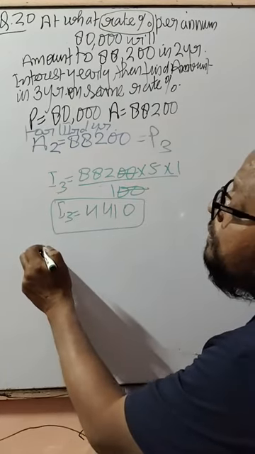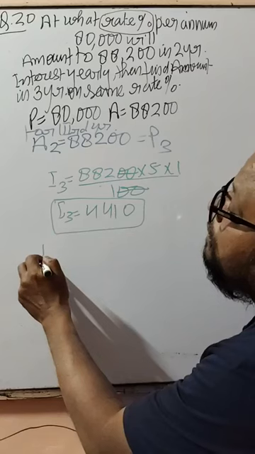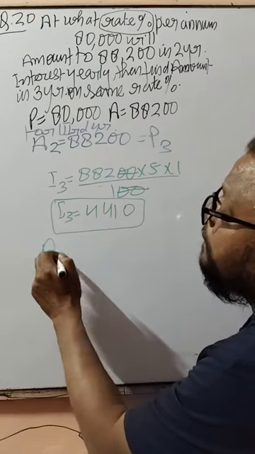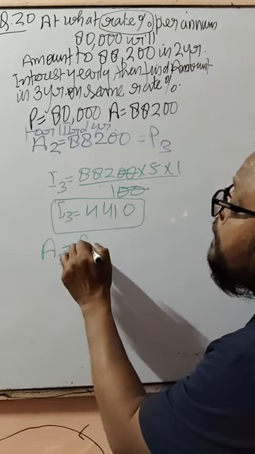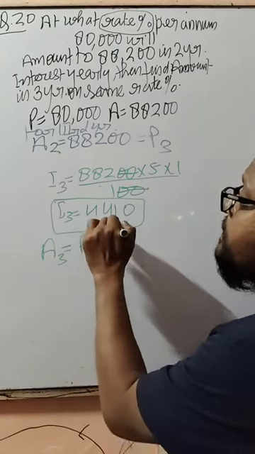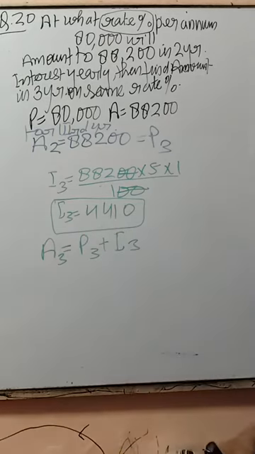So A3 is equal to P3 plus I3, right? So how much you are getting?